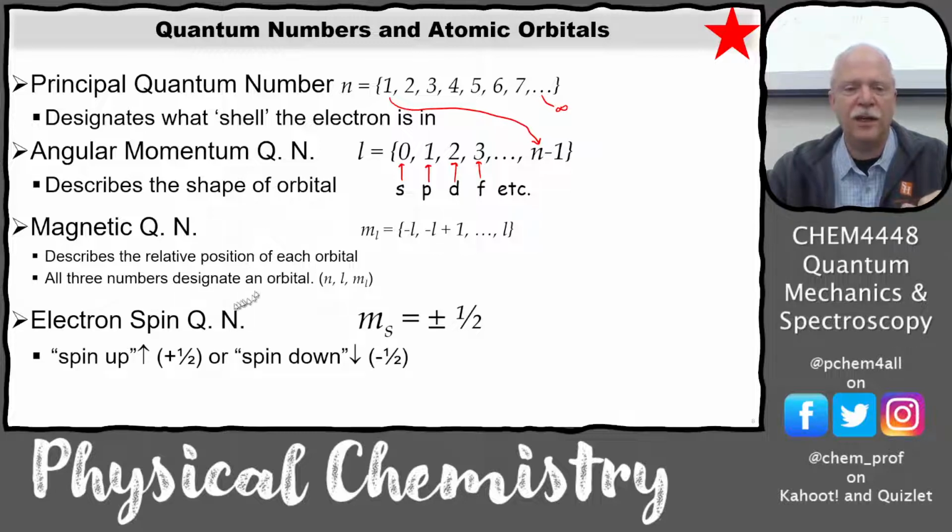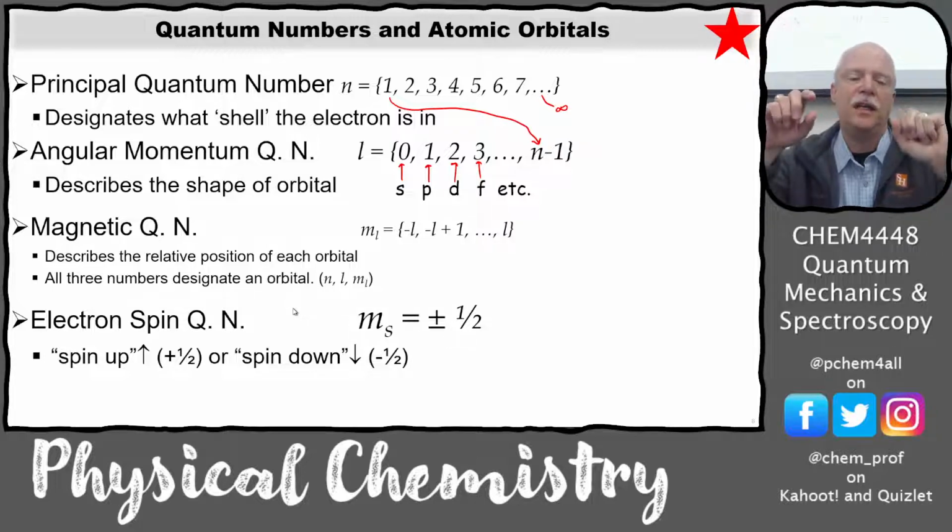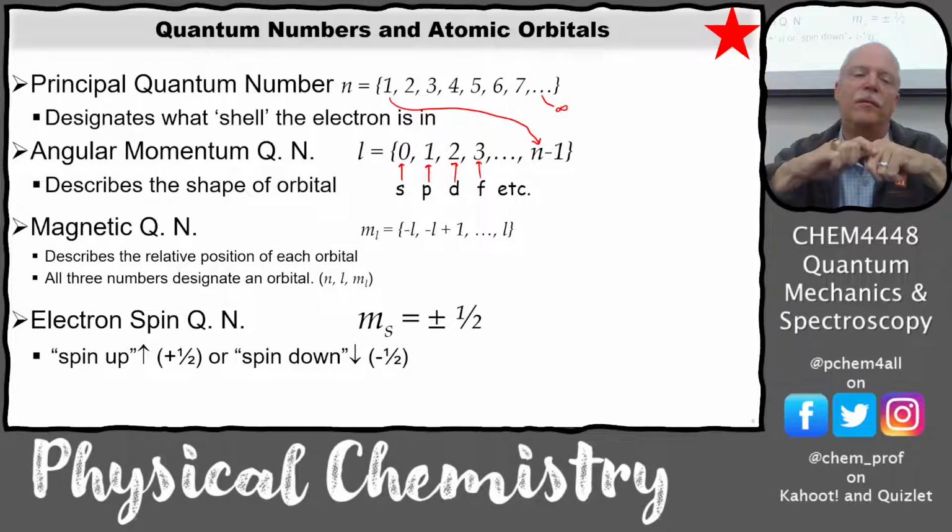And then we have the electron spin quantum number. Electrons come in 2 flavors, spin up or spin down. And they called it spin because it has an intrinsic angular momentum. So that's the actual name of it, intrinsic angular momentum. But where do you get angular momentum? You get angular momentum from spinning things, right?